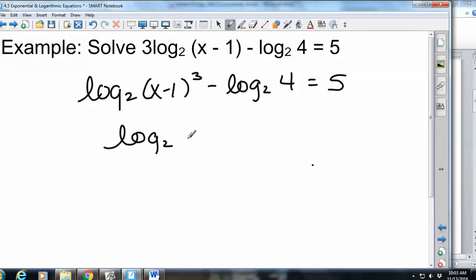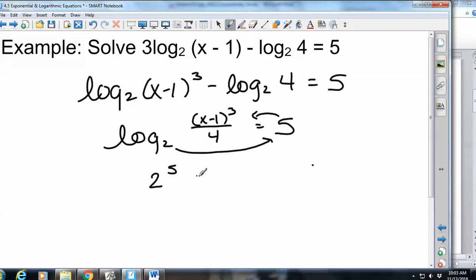When you condense it, you put the log once and divide those pieces. Alright, so now change to exponential form. So 2 to the 5th equals (x minus 1) cubed over 4.